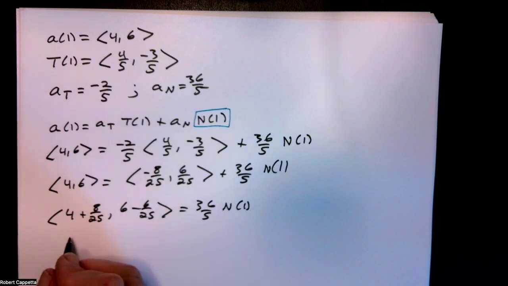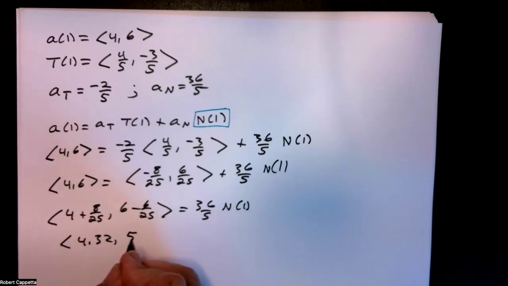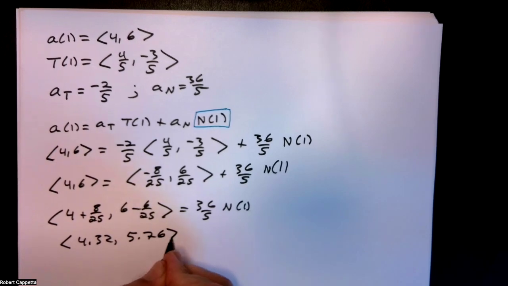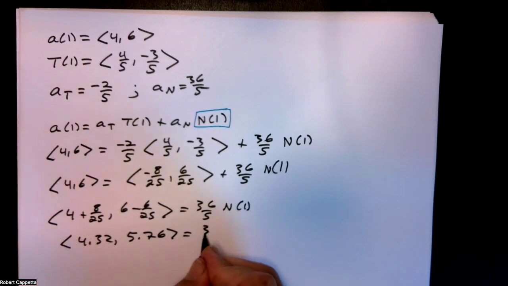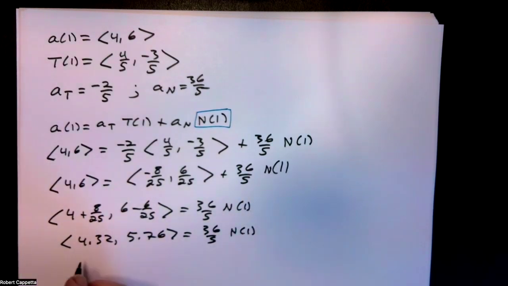We get 4.32. Decimals are just a little easier than the giant fractions, and 5.76 equals 36/5 N of 1. So all I've got to do is multiply both sides by 5/36.